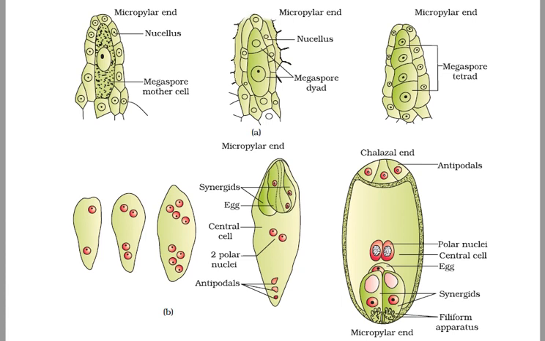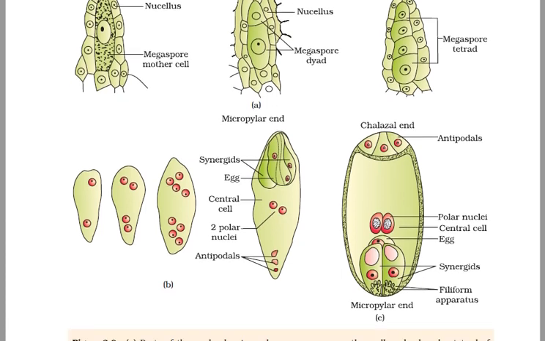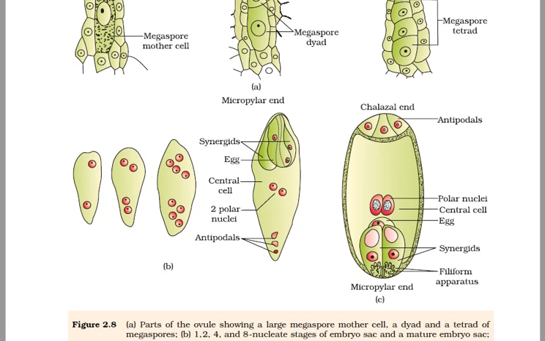Out of these 4 megaspores of the tetrad, 3 degenerate and 1 remains functional. Below, in figure B, you see the functional megaspore, which undergoes the process of mitotic division.